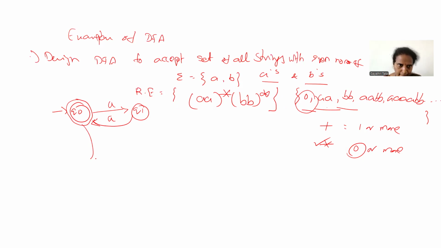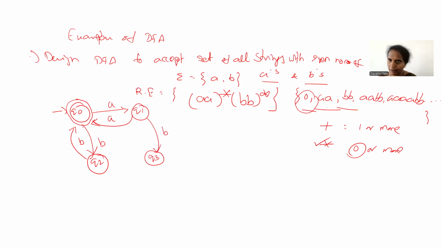Okay, and one more. Now B's are possible. But this is a DFA, and our main principle is that every state has to read all the input symbols. Q0, no problem, reads A and B also. But Q1 reads only A, it does not read B. So I'm taking one more state, Q3, reading B. No problem.